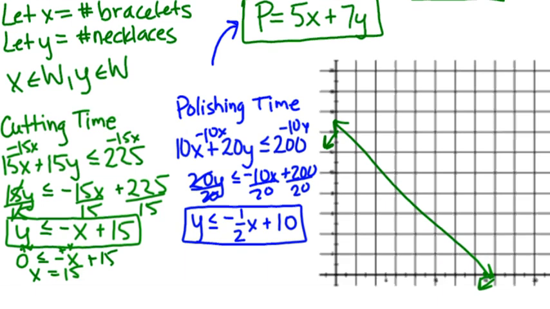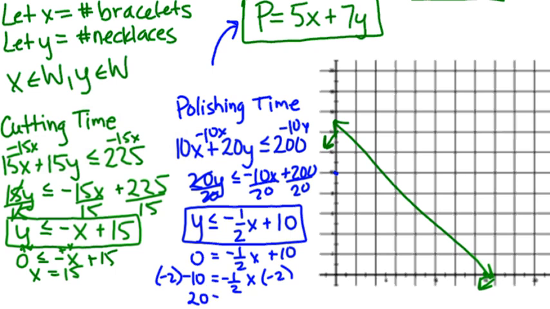My blue inequality graph has a y-intercept of 10. And an x-intercept of, so we can solve for that, we have a negative slope, -1/2. But when my y is 0, I can subtract 10 from both sides and multiply both sides by -2 to get rid of my denominator. So 20 equals x.